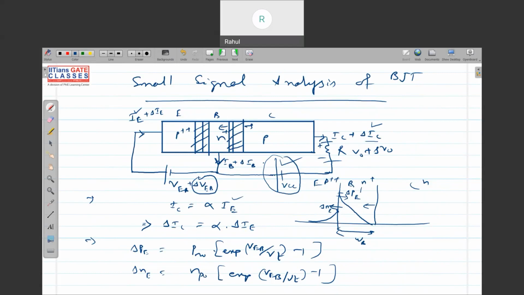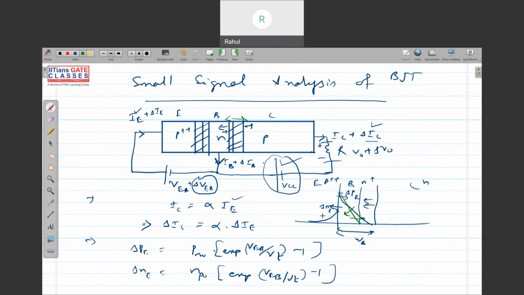So it will shift like this. When it shifts, the concentration gradient will be like this. If you see, the concentration gradient is increased. So my base width will decrease because of the expansion of depletion width due to reverse bias. It will increase the concentration gradient in the base region. Since the collector current depends upon the concentration gradient, it also will increase. This is nothing but your base width modulation.